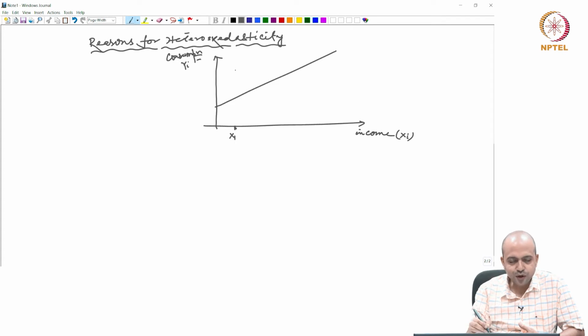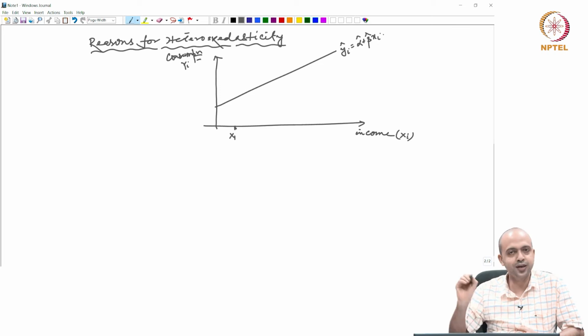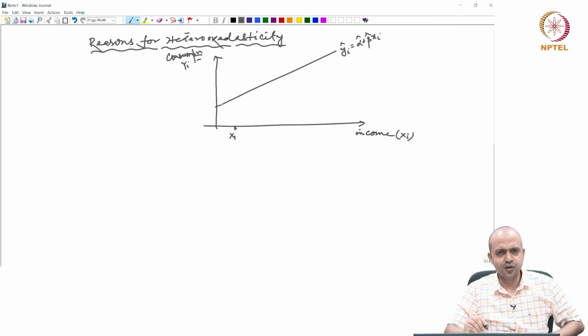For any given value of x1, what you will have, this is let us say your yi hat equals alpha hat plus beta hat xi. This is the line you have fitted. So, for any given value of x, you will see some observations on y will lie for some individuals. That means, using this regression line, you are basically trying to predict the individual's consumption.